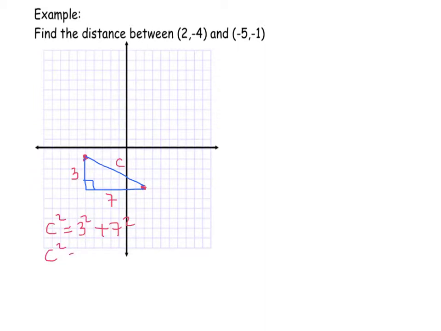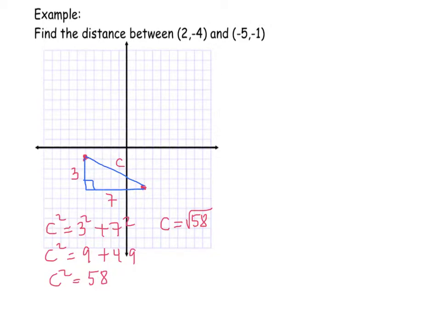So c squared will equal 9 plus 49. C squared will equal 58. And finally, the distance between the 2 points, or c, which is the length of the hypotenuse, will be the square root of 58.